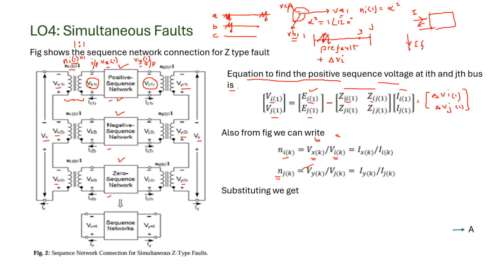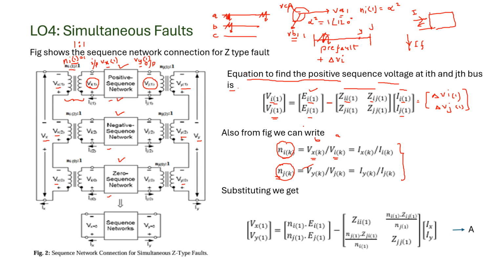Now what we are doing here is substituting into this equation. We are substituting for Ii1, Ij1, Vi1 and Vj1 in terms of Nik and Njk in this equation. So what do we get? We get this equation.